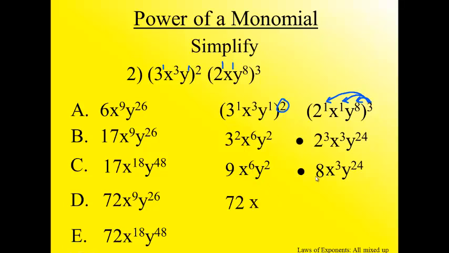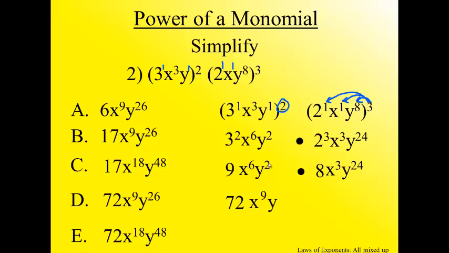Now x6 times x cubed, we have to add exponents. So if you are multiplying a monomial with the same base, you copy the base x and add the exponents. 6 plus 3 is equal to 9. y squared times y24. Again, we have the same base.